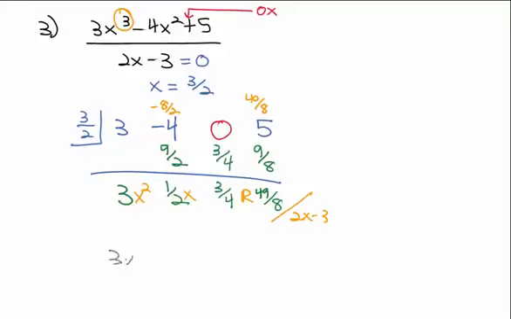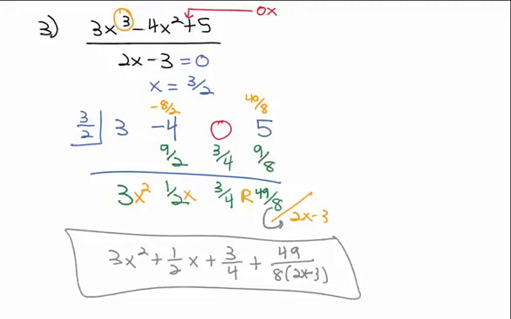So we have 3x squared plus 1/2 x plus 3/4 plus, because the remainder is positive and that 8 is part of the denominator, if we multiply by the reciprocal, we'll end up with 49 over 8 times 2x minus 3. And that's what we get when we do our synthetic division.